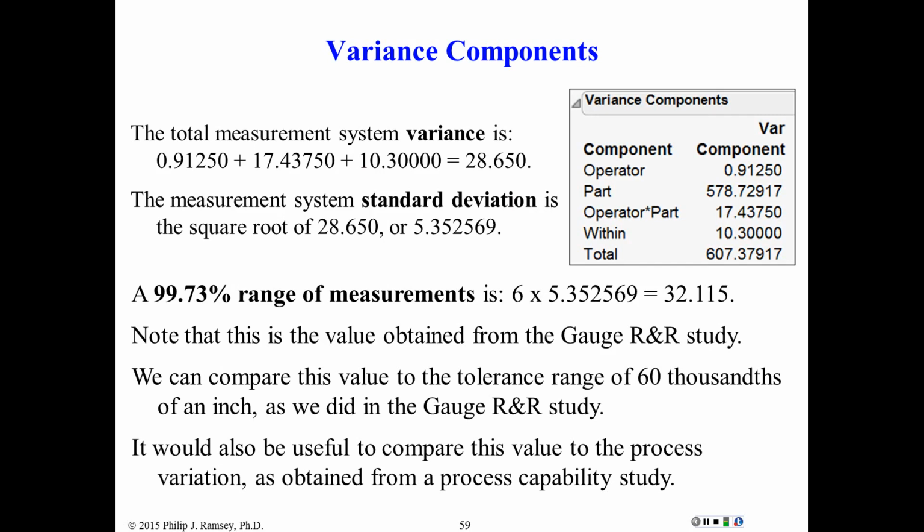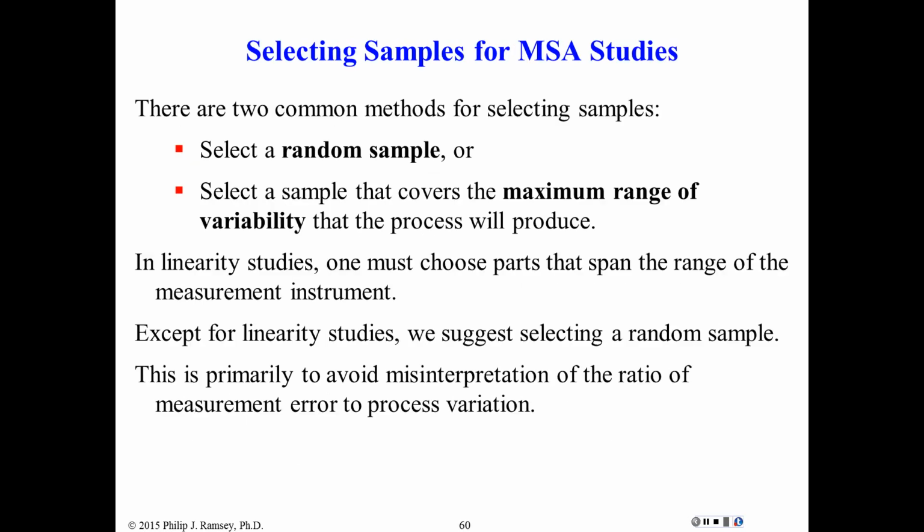So we're just showing that the traditional gauge R&R report was actually in the background using variance components, but we didn't explicitly show them earlier. But in general, just looking at the variance components alone can be helpful in trying to figure out where you need to focus if a measurement system needs to be improved.